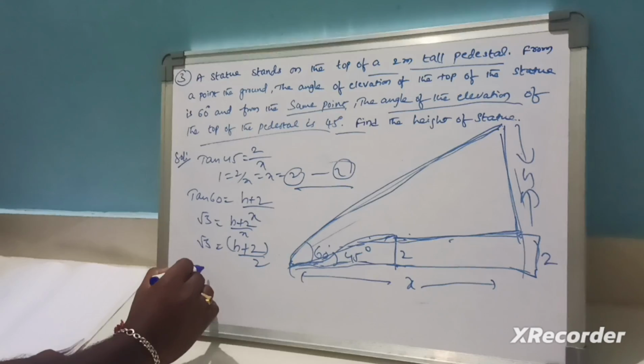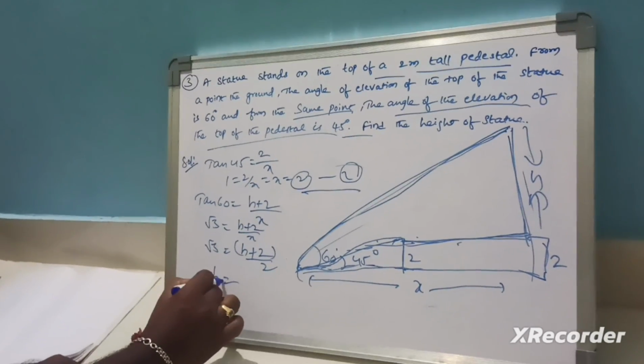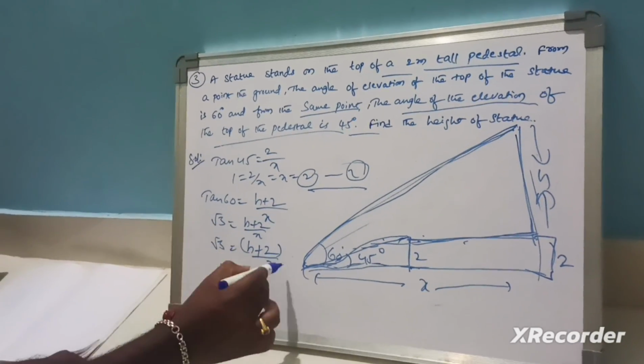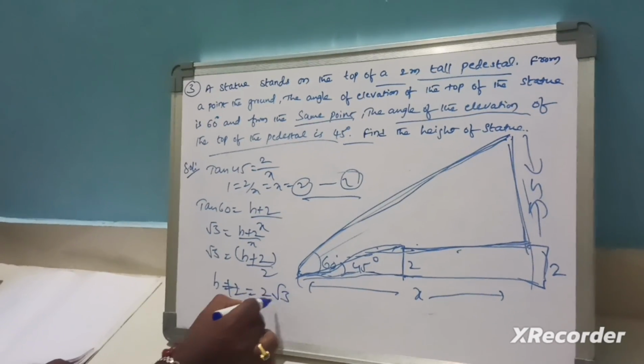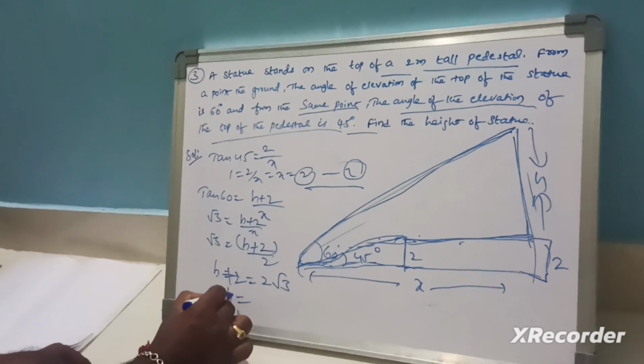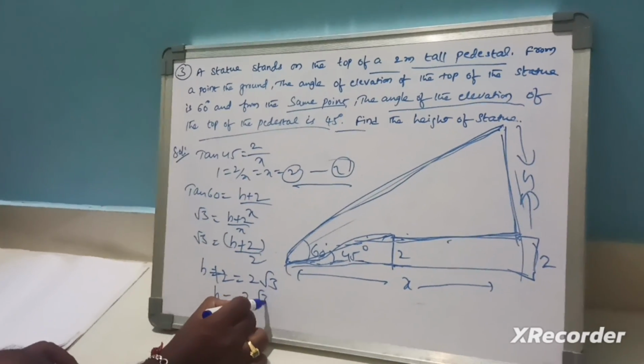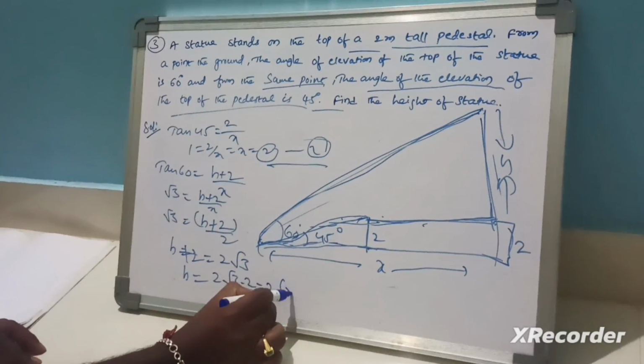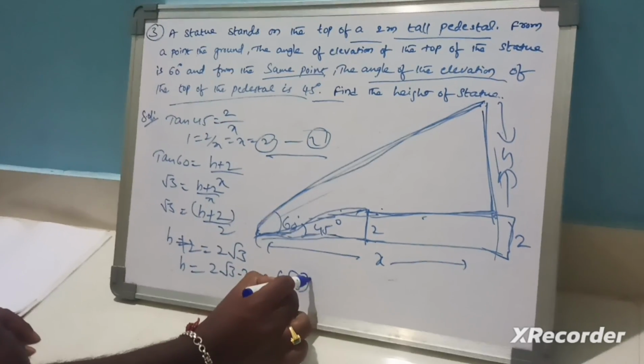Now if I bring h plus 2 to the left, it will be 2 root 3. Now h equals 2 root 3 minus 2, which means 2 into root 3 minus 1.